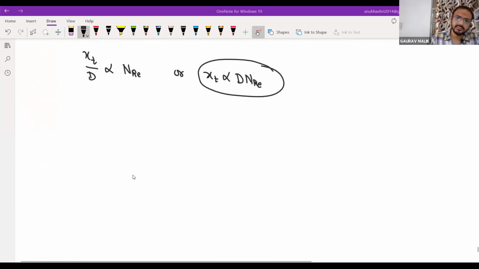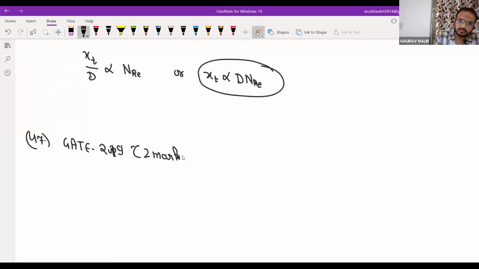Question number 47. GATE 2019. And if you will do any mistake, then wrong option is also available in the question.